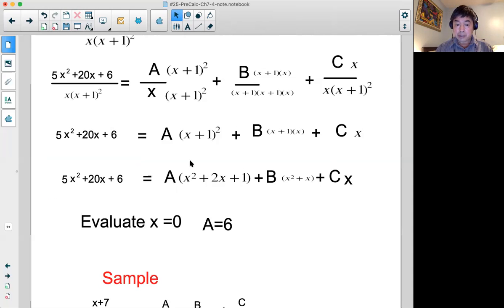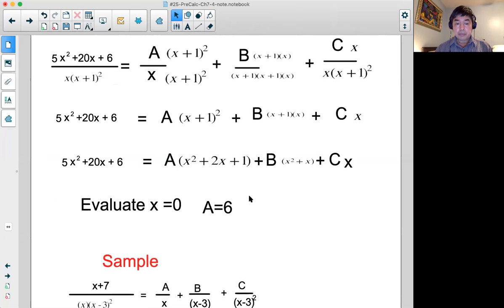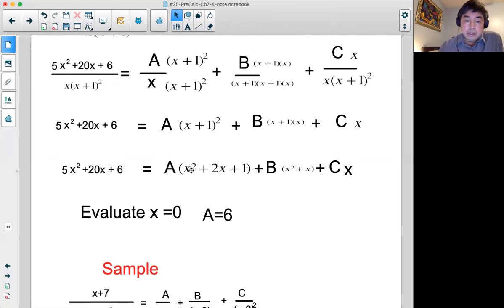You can write down this equation. Now, there are too many variables here. One thing you can do is plug in and evaluate the easiest numbers, something you can cancel out. So evaluate x equals 0. This becomes 0 plus 0 plus 6, right?